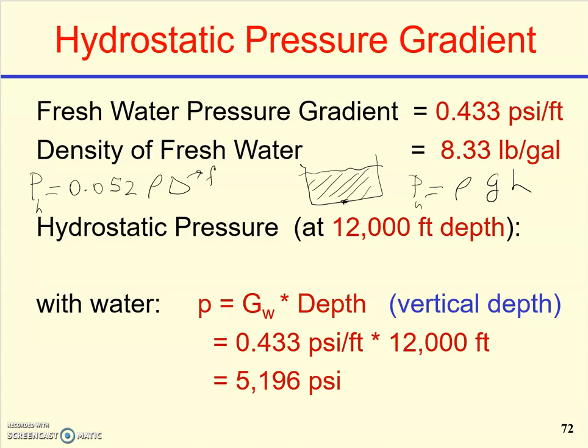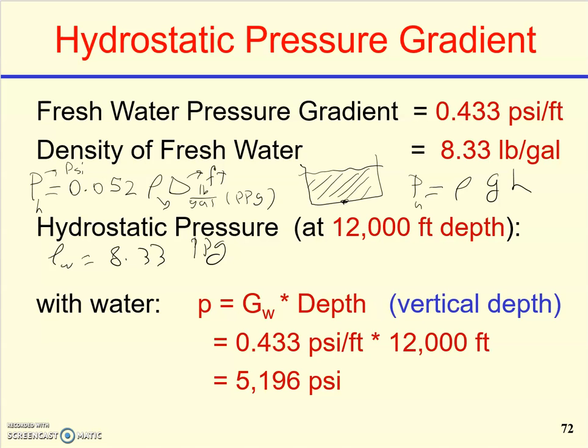This depth is reported in feet, the density is reported in pound per gallon, or ppg, and then the pressure is reported in psi, right? Now the density of pure water that you measured in the lab is 8.33 pound per gallon. So based on this you can calculate a pressure gradient, right?